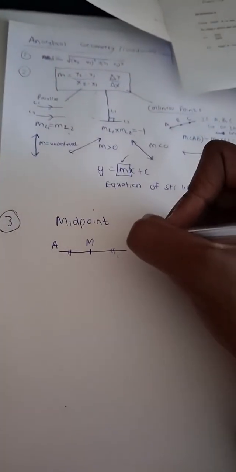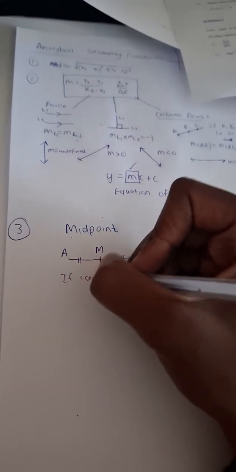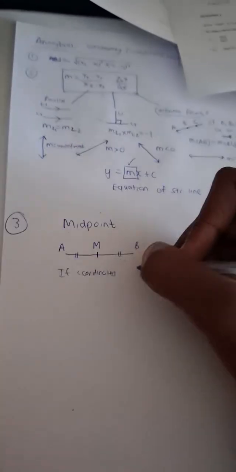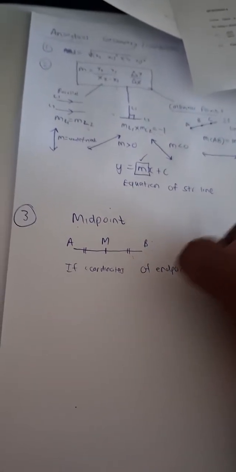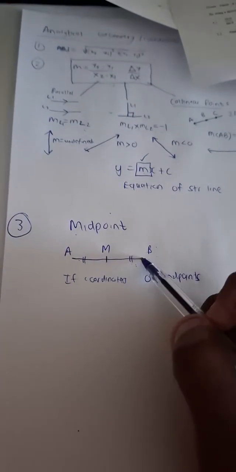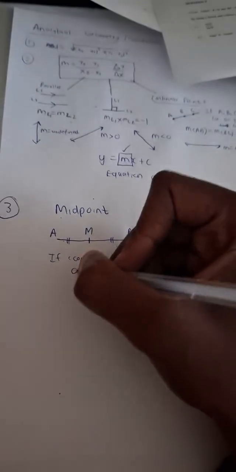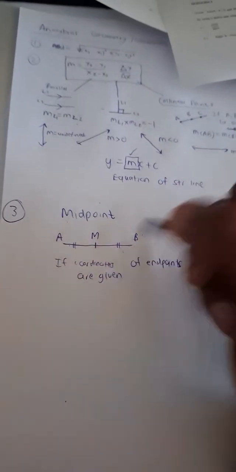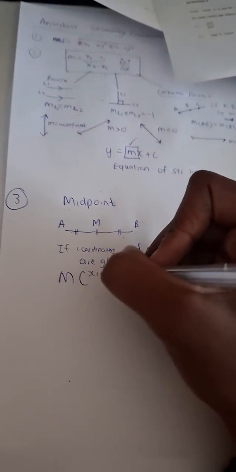If we have the coordinates of the endpoints, now in this case, guys, the endpoints would be A and B, the points at the end. If the coordinates of endpoints are given, okay, we can simply find the coordinates of M by doing what? x1 plus x2.